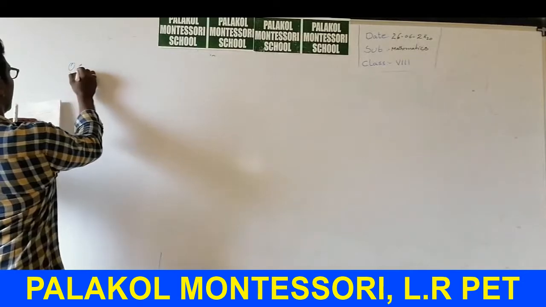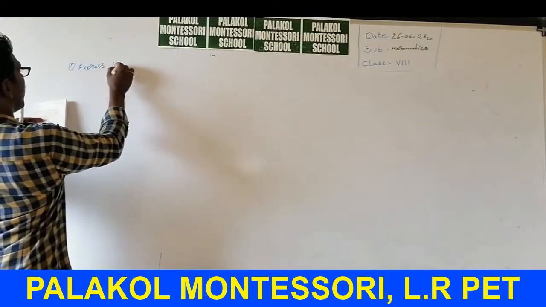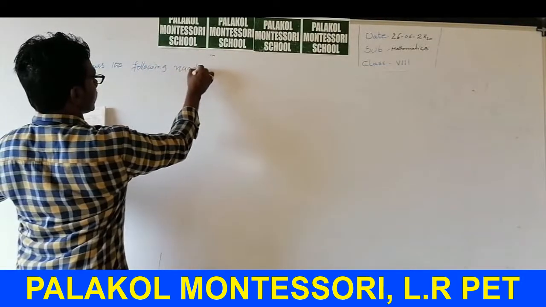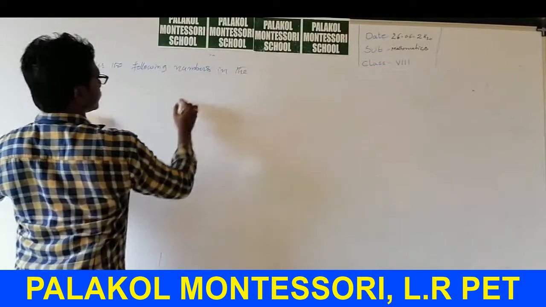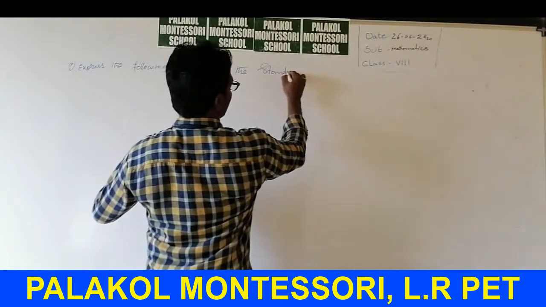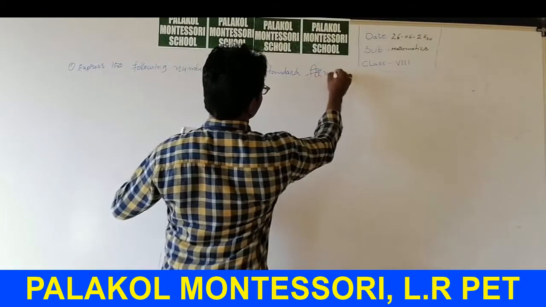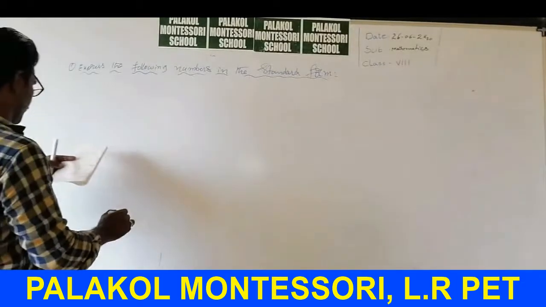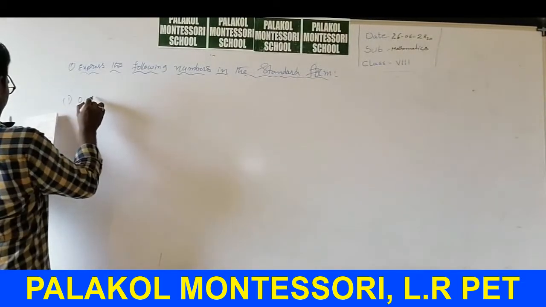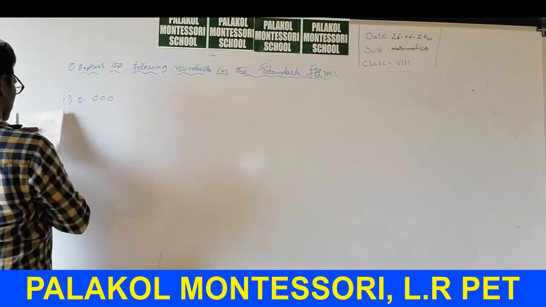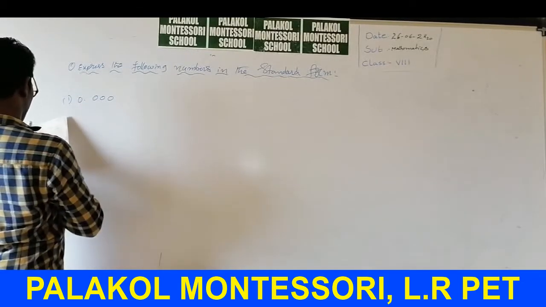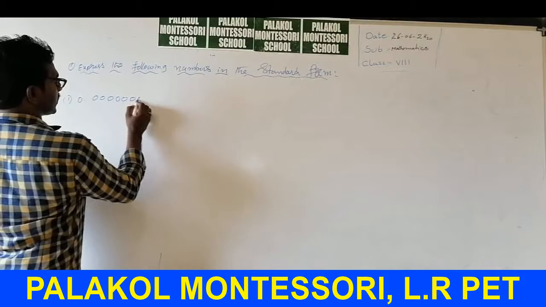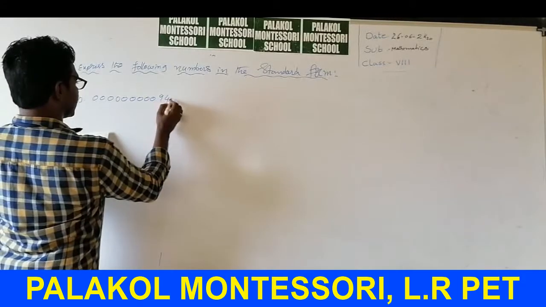Question: express the following numbers in the standard form. The first one is 0.000123456789123456789947.